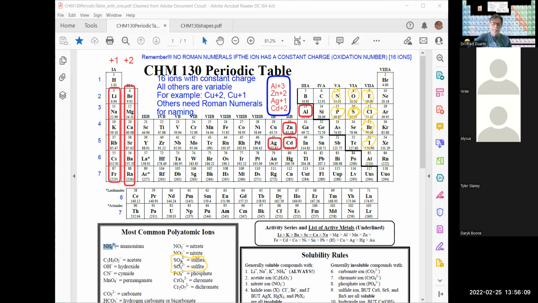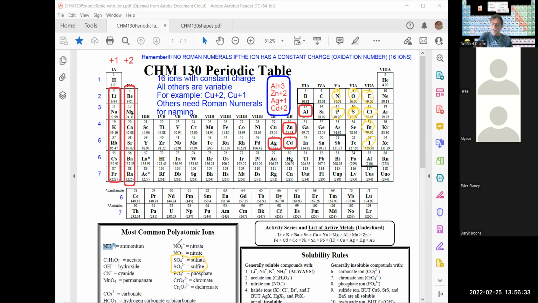And then sulfur with 3 oxygens has a -2 charge, called sulfite. Okay. Now, I also have in the nomenclature module some additional information that we're going to go over, with respect to what we call polyoxy ions, sulfate, sulfite.